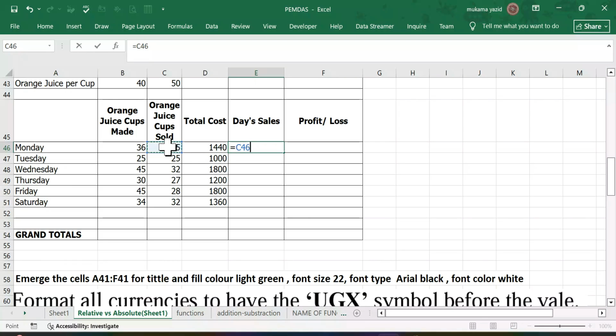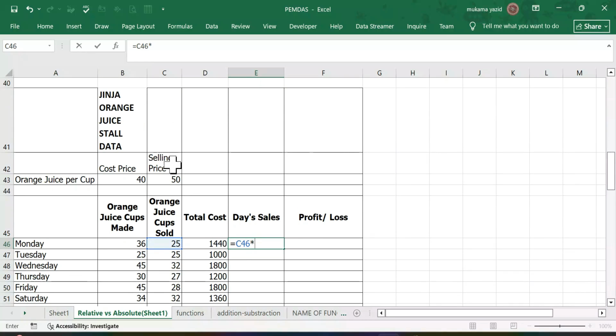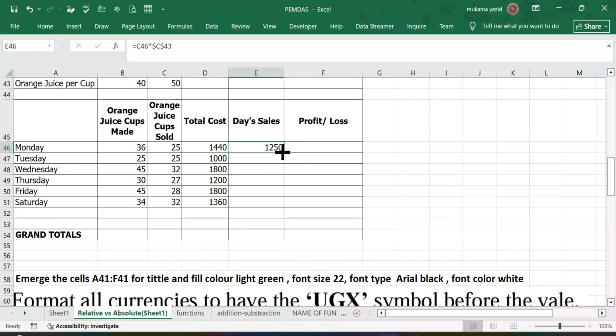Okay, 25 times how much I was selling one cup. Each cup I sold at the cost, which is 50. So I multiply that by 50. But remember, this one is going to be multiplied throughout, so I need to fix it. From there, I press enter. This is what we get as our answer.